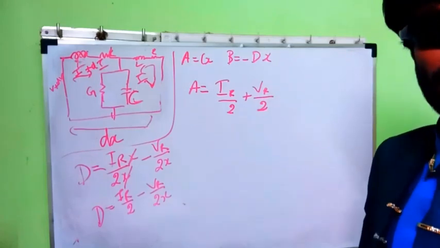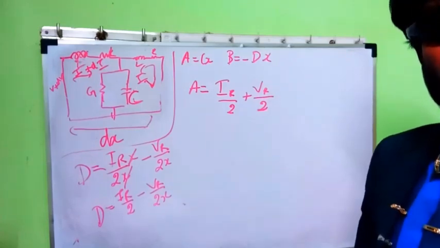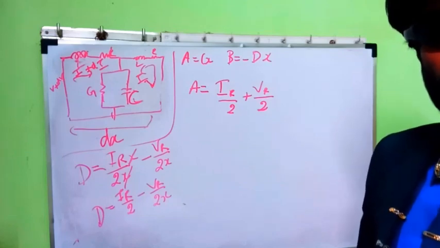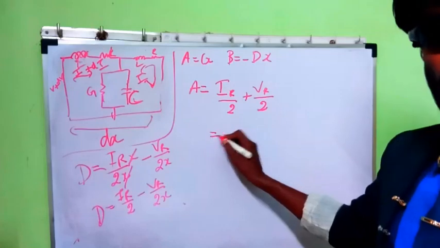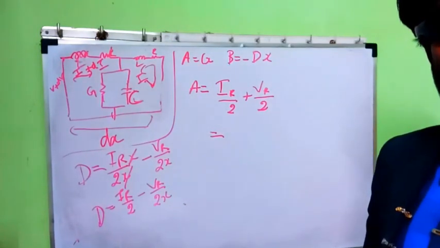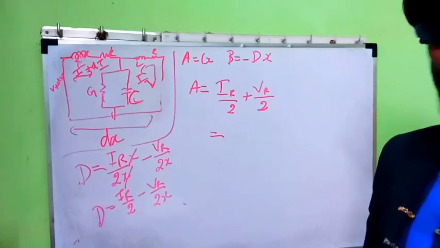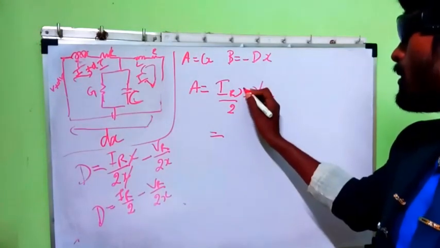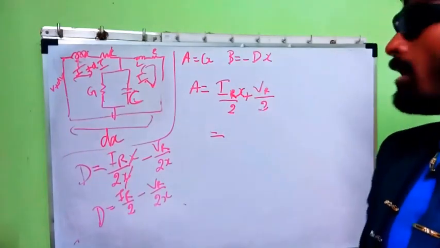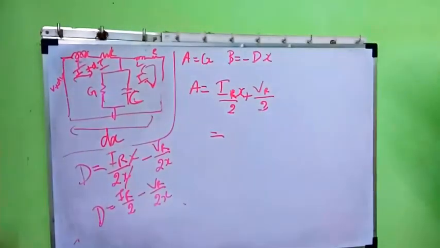So this is about a: IR by 2 plus VR divided by 2. So IR into x divided by 2 plus VR divided by 2.